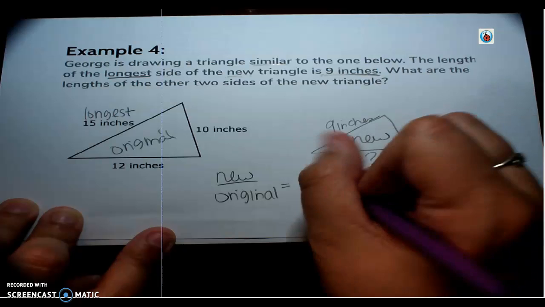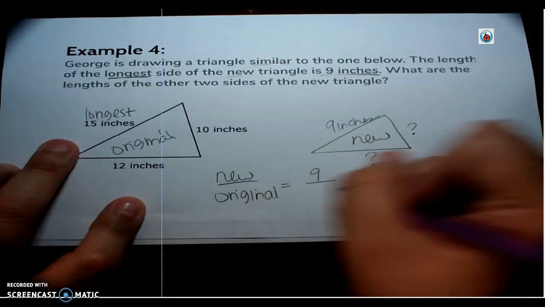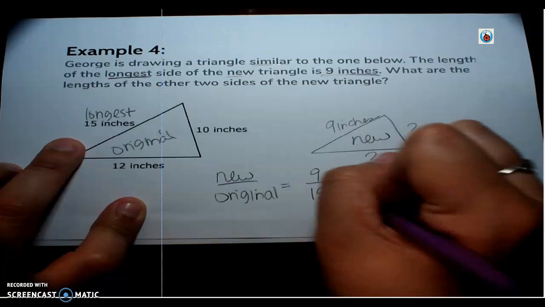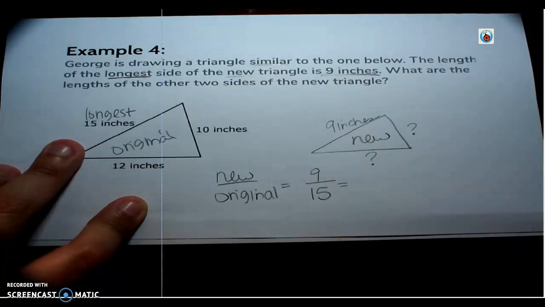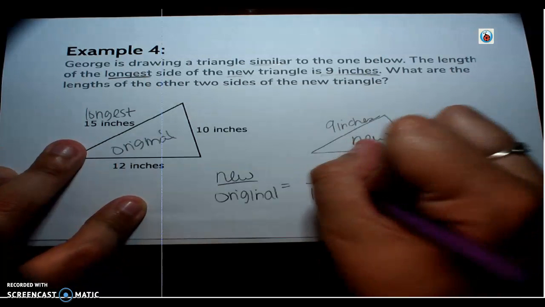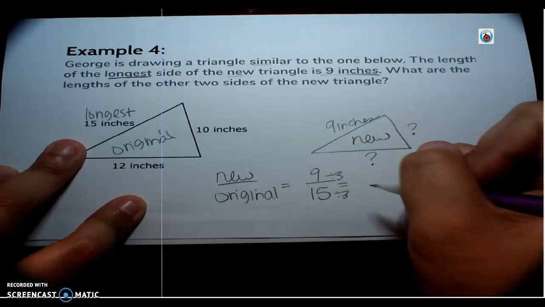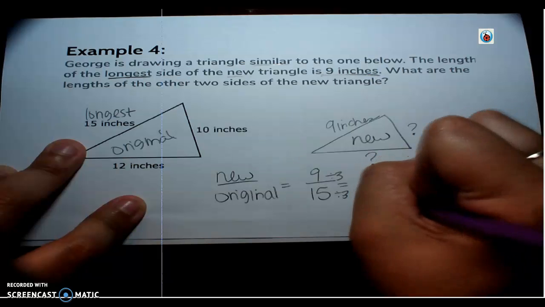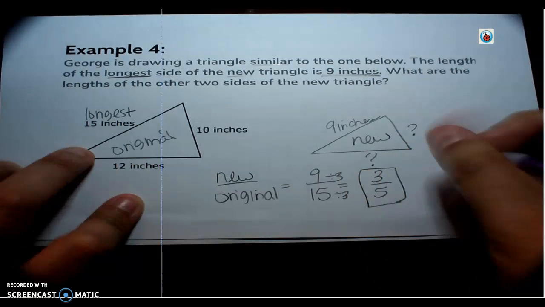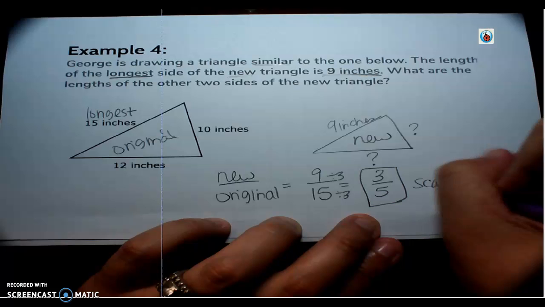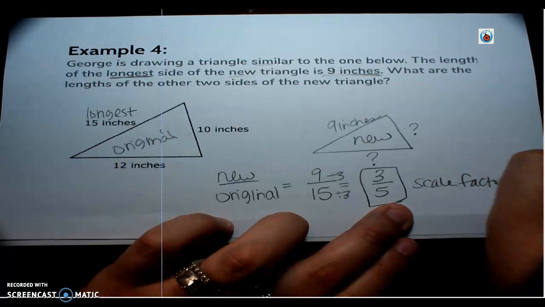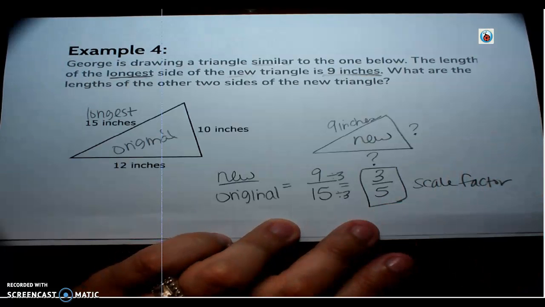So the new one is 9 inches. The original was 15 inches. And so remember when you set up your ratios, I told you if you can simplify, go back and simplify to make them smaller numbers. So I know that they're both divisible by 3, which will give me 3 out of 5. So this 3 out of 5 is the scale factor that George used to create this new triangle.